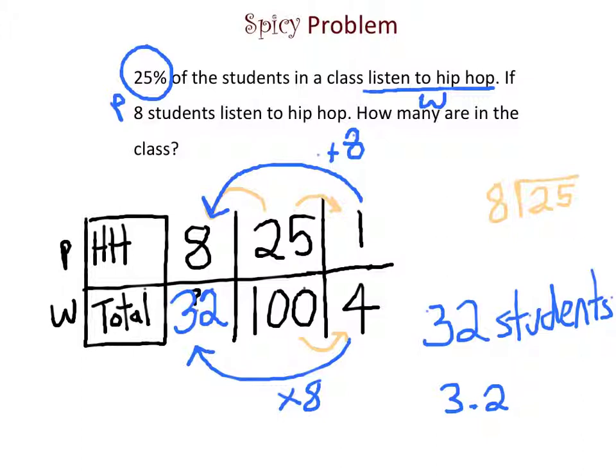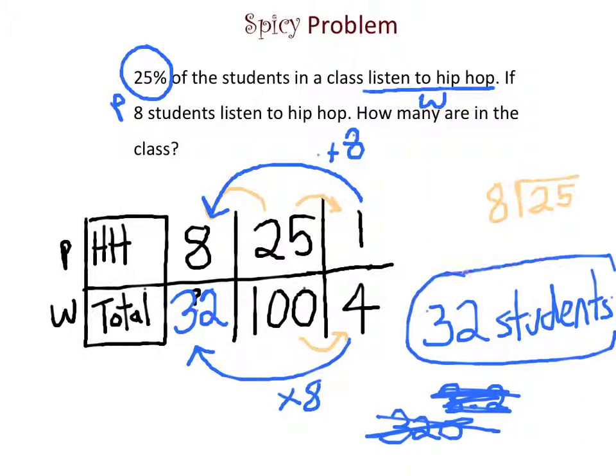Nope, that sure wouldn't. 3.2, so there are fewer students in the total class than like hip-hop. Or similarly, if we got an answer like 320, that seems a little crazy. 320 students in a class? I have no idea how I would teach a class like that. So if we got an answer like that, we knew it wouldn't work. We did it correctly though. The answer is 32 students.